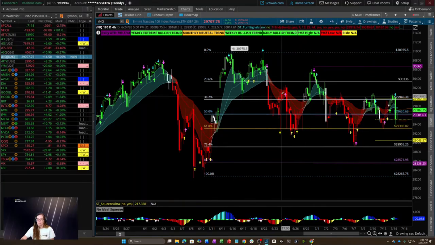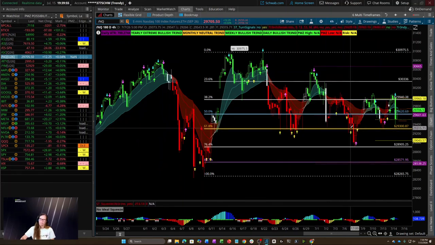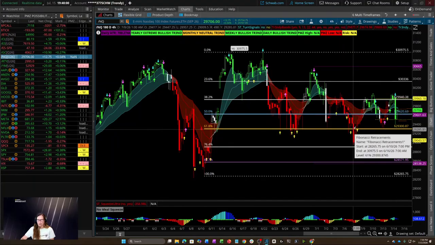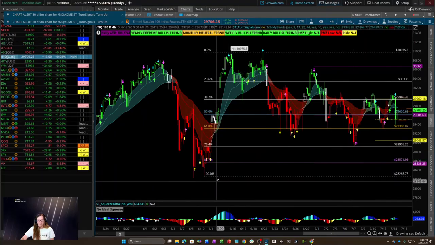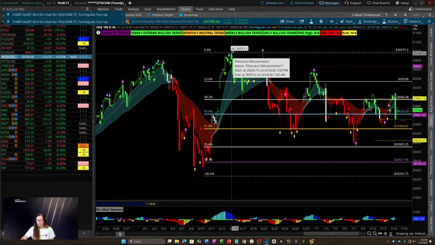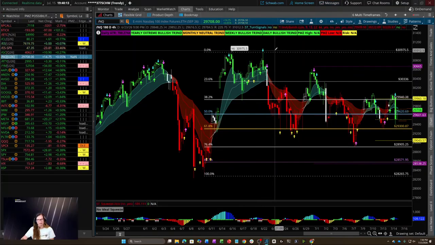All right, but let me talk about this. I can use this range all the way up until this candle right here. And the reason why I say until this candle right here is because when we closed so far below this 618, this bullish range is no longer intact.